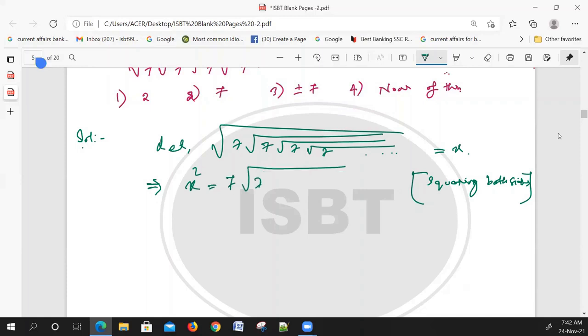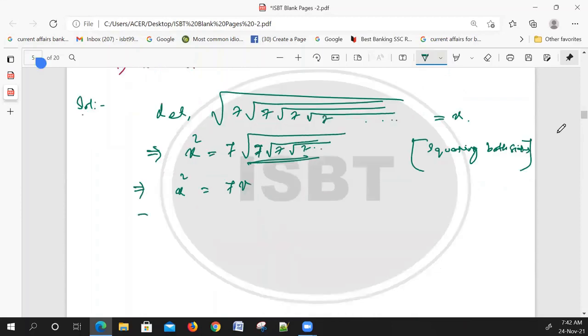Next step, we can write x square is equal to 7 times x. So x cancels, and here only x is equal to 7. So this is the answer.